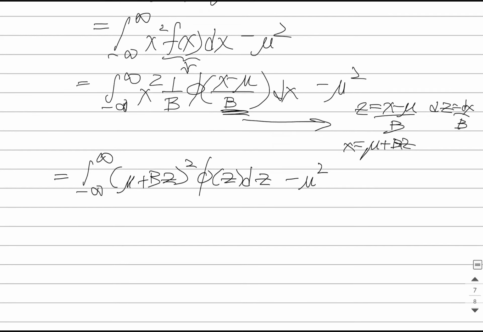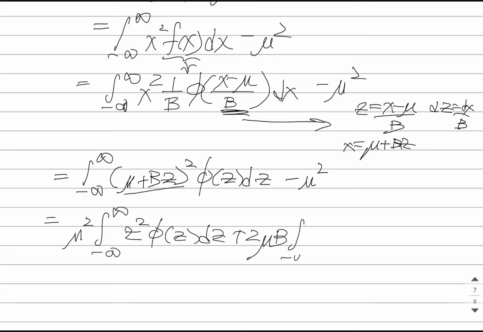If we do a little bit of algebra and FOIL this out and spread everything out, we will end up with the following. Z squared phi of z dz plus 2 mu b z phi of z dz plus mu.